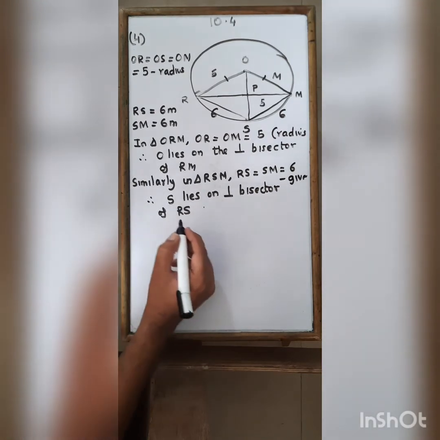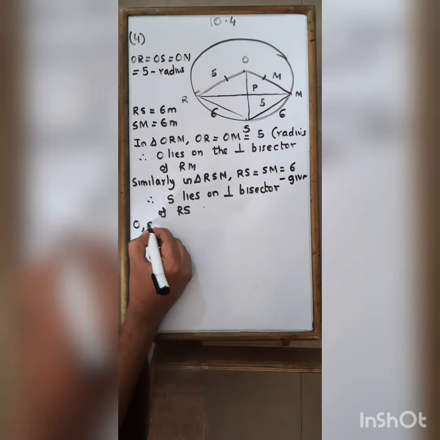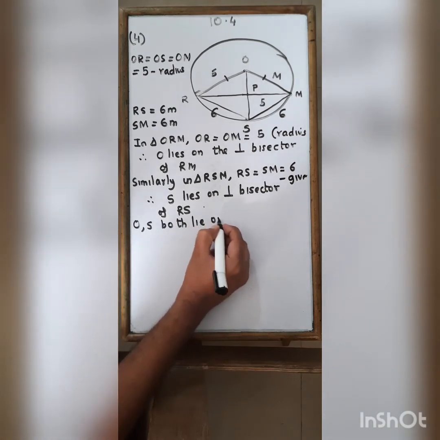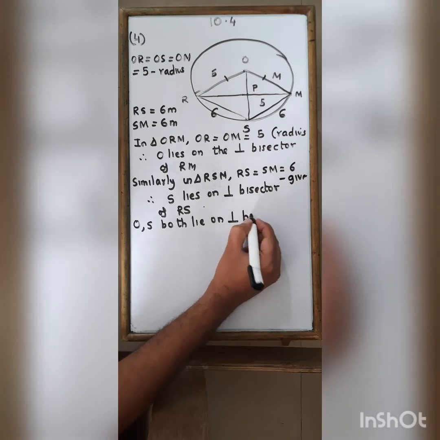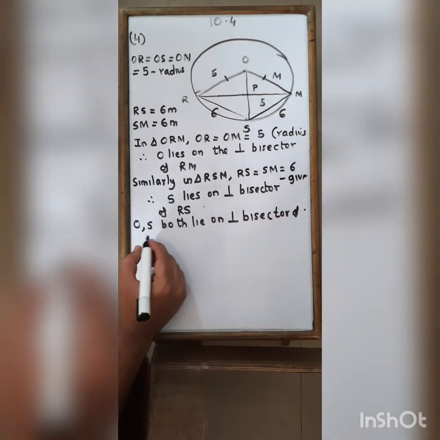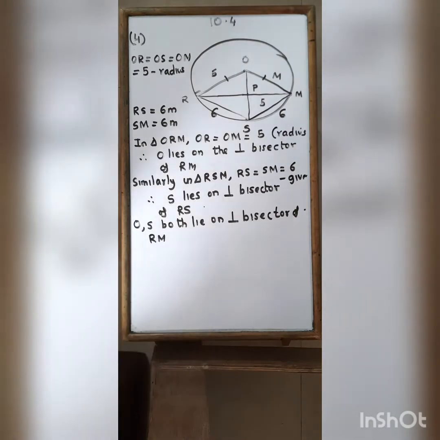Now, O and S both lie on the perpendicular bisector of RM.